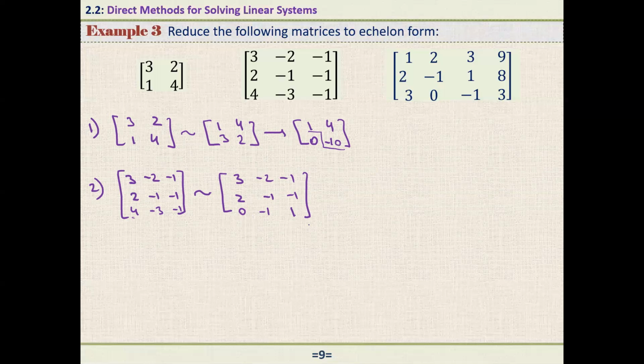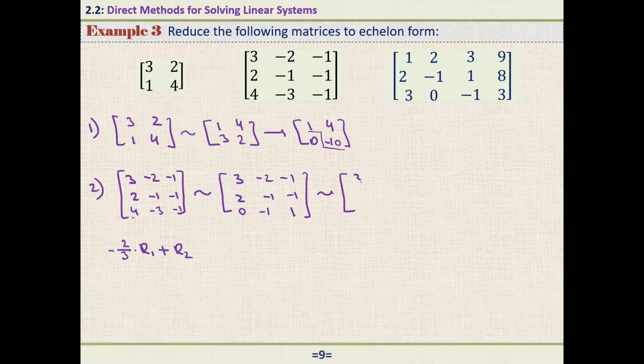The second one is, how can I change this 2 into 0? To do this, I should multiply this 3 by 2 over 3. Basically, I will multiply the first row of the matrix by -2 over 3, and add this to the second row.